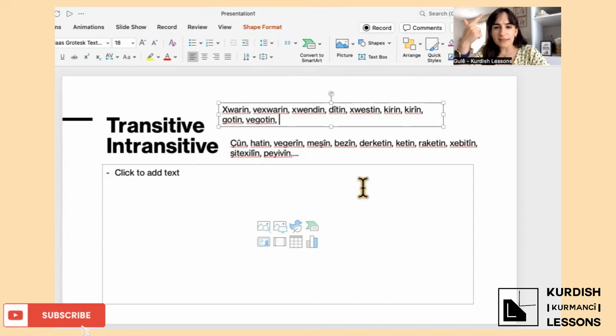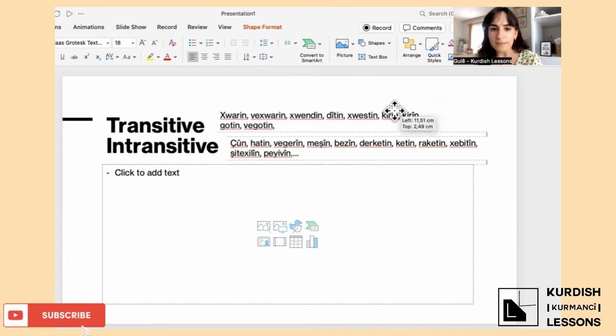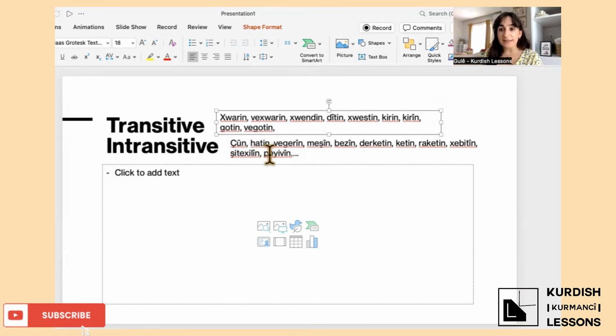So these are transitive verbs and these are intransitive verbs.